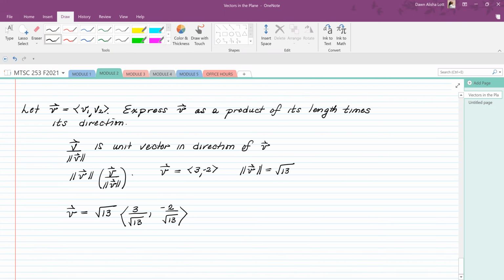So this is its length, and this is its direction.